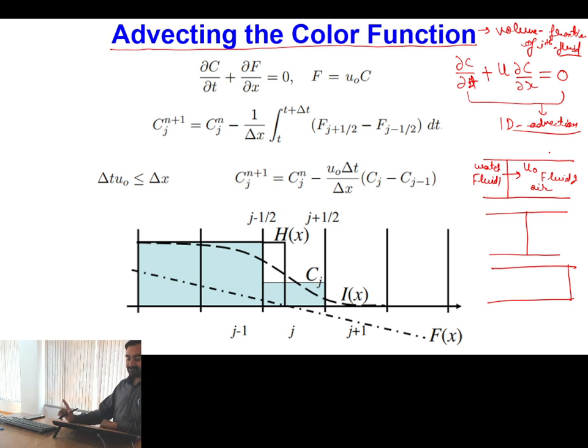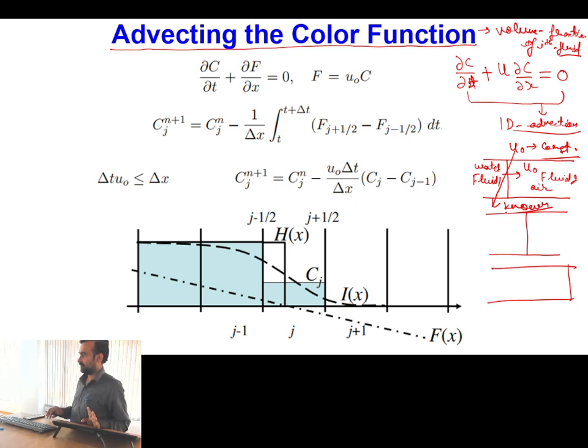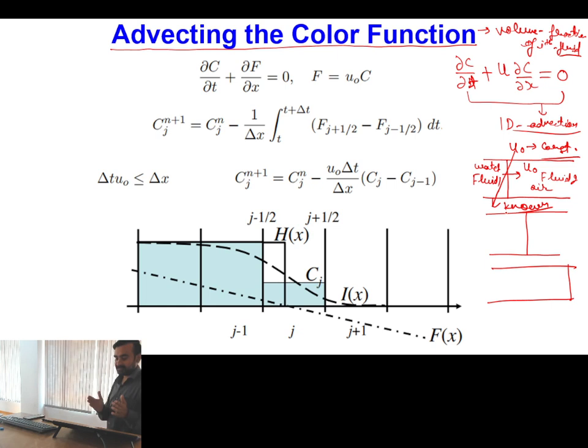Now, one important point: when we are studying this one dimensional advection, we are assuming that the velocity of water is u naught, which is constant, and at the same time this velocity is already known to us. These are the two assumptions we are making. Typically, whenever water flows in a pipe, because of viscous effects it cannot flow in this straight manner.